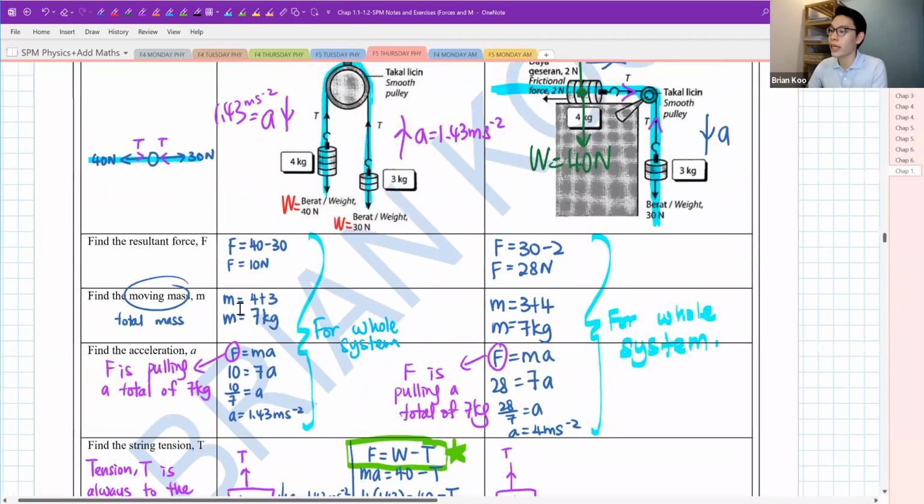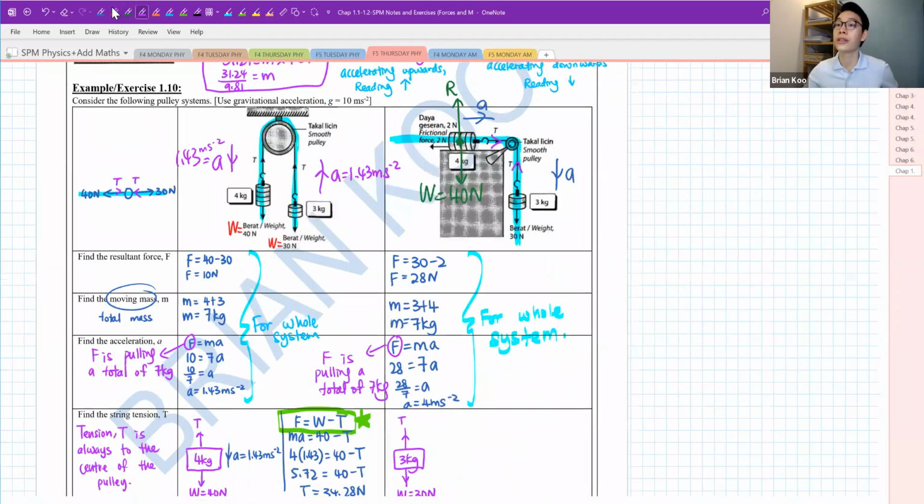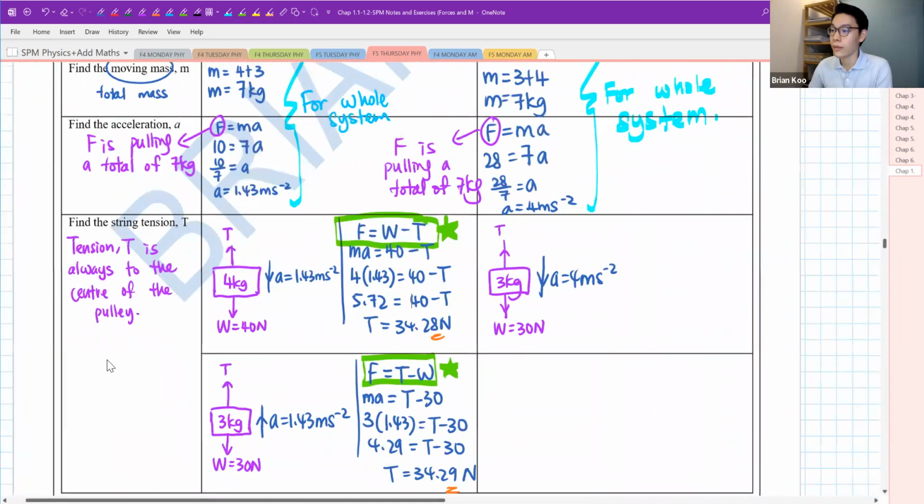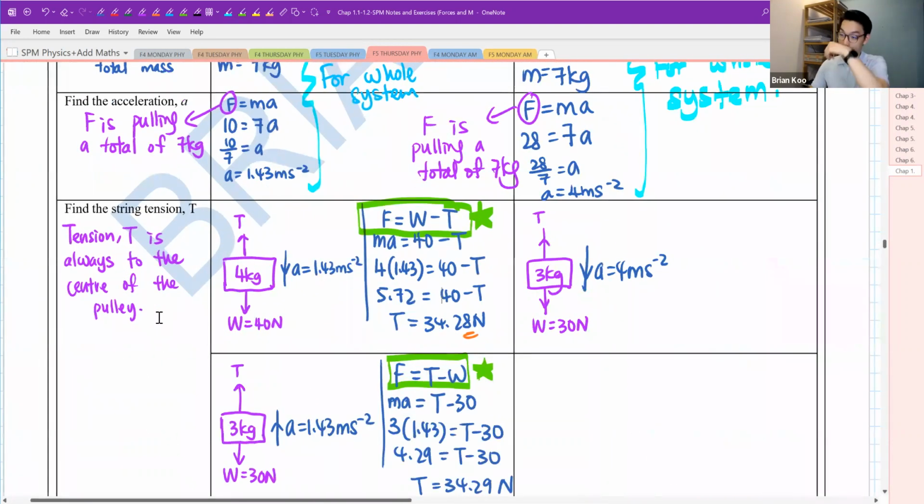And then overall, your block is moving at 4 meters per second squared. This is how fast it is accelerating.